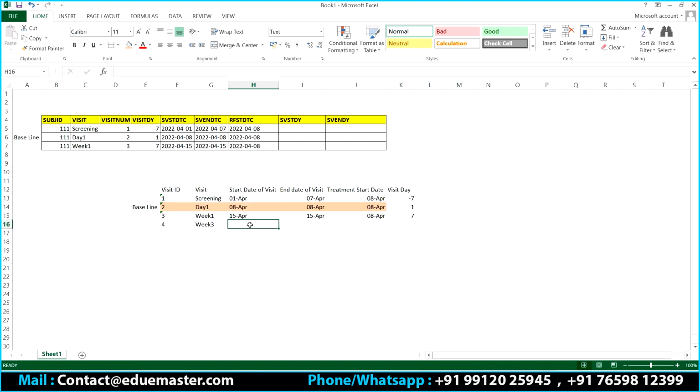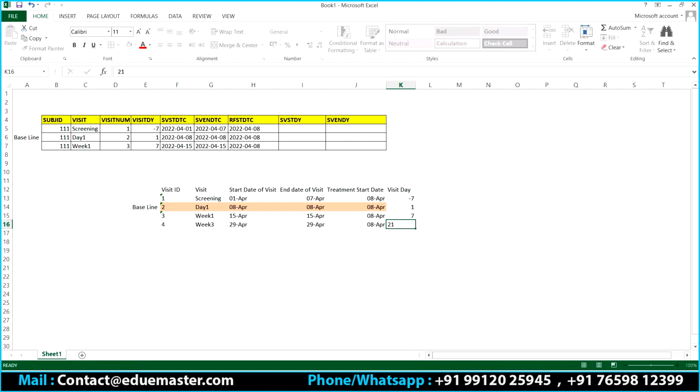So 8 plus 7, 15, 15 plus 7, 22, 22 plus 7, 29. On 29th April, the subject is visiting again. On the same day, he can leave also. But my treatment start date remains the same, 8th April only. No changes in that. Correct? But what happened to the visit day? The visit day is going to be 21.